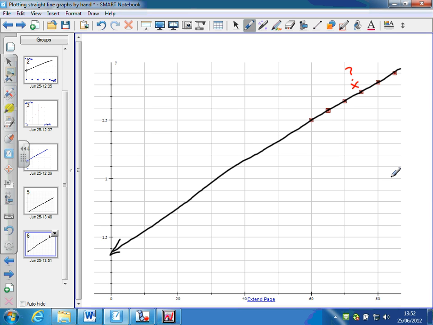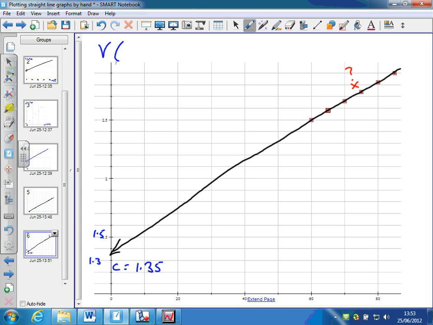Now the last step is to find the equation of this line. Well, C turns out to be about, that's 1.5, and that's 1.4, 1.3, so about 1.35. And what have I got here?